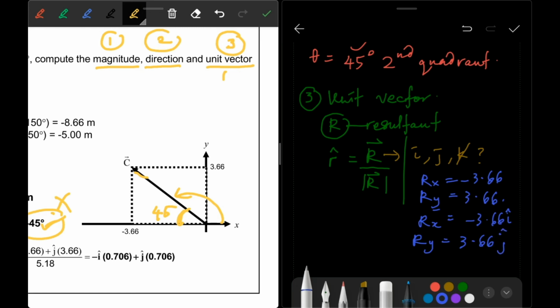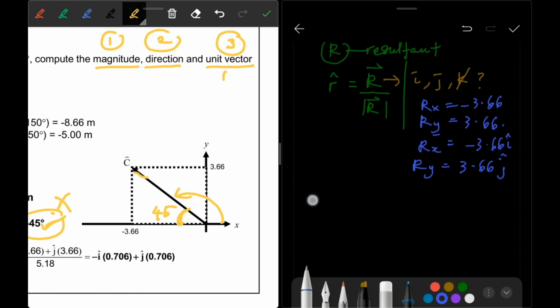So if you want to write it here, vector R in terms of i and j, you can write minus 3.66 i plus 3.66 j. This is for R. And then divide by the magnitude of R.